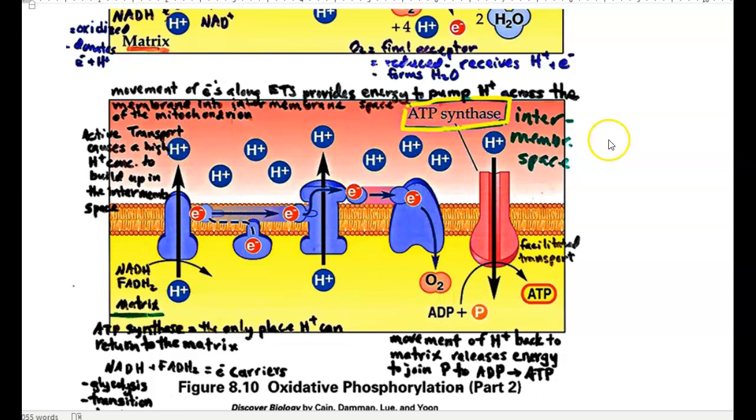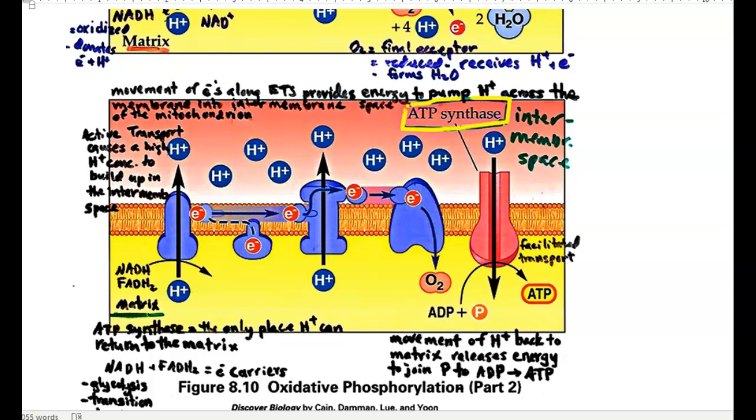But all these hydrogens are building up, trying to get away from each other. Only one place they can make a break for it. ATP synthase. So hydrogens are streaming through here, create energy by their motion. That allows the motors inside to spin around, make a bond between ADP and P to create ATP.